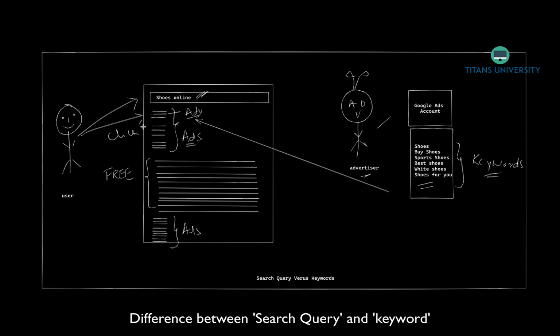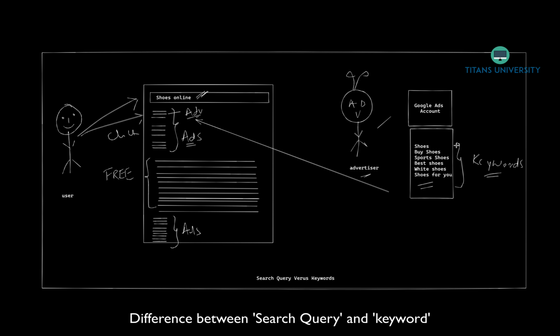This is exactly what works in the backend. A user has put in a word or a set of words or a phrase. There are a lot of advertisers creating Google Ads accounts and putting in a list of keywords. If the keywords match what the user is searching for, the ad will get displayed. And if the user is impressed with the ad, he will click on the ad and navigate to the website.